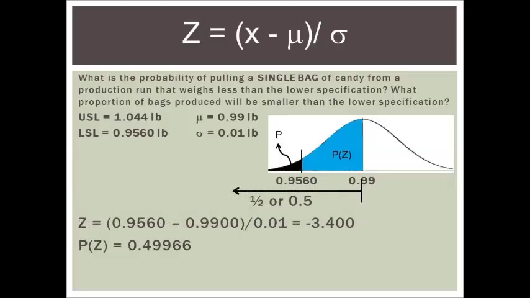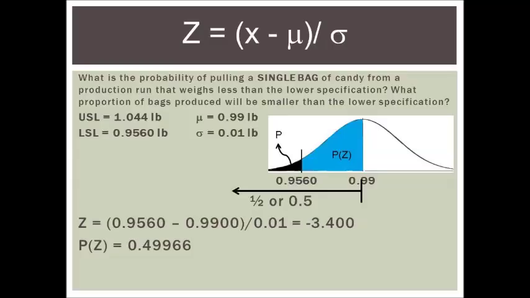So the area of the curve left of the center is half of the curve, or 50%. Of course, 50% of the observations will be below the average, and 50% of the observations will be above the average. So 50%, half the curve, will be to the left of the mean.